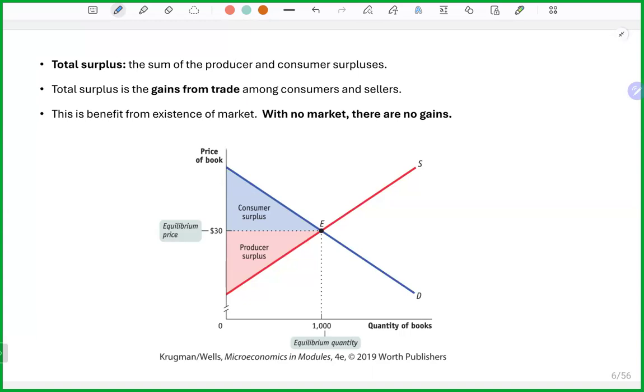It's magic. Why? Because you care about just yourself, not others. Your goal is to maximize your own welfare, your own benefit. If you're a seller, you maximize your seller surplus. If you're a buyer, you care about just yourself and decide whether or not to buy the book based on your preference. You don't care about others.